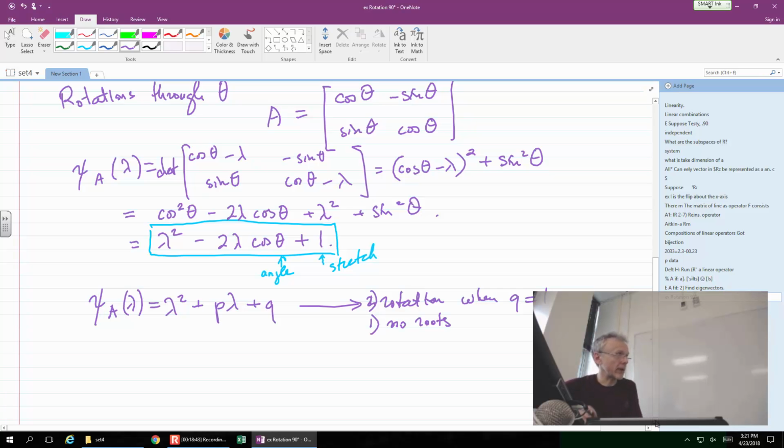And that is why we have to eliminate that possibility of that simple situation we started with. So rotation when q is equal to 1, but number 1 to be verified is no roots. So when do we have no roots? A quadratic polynomial has no roots. When?